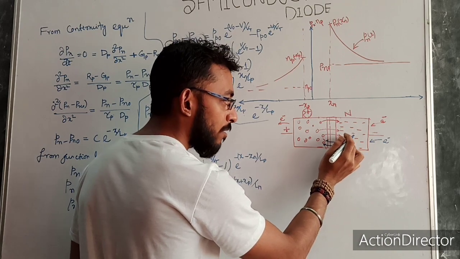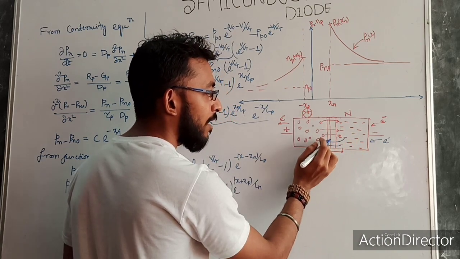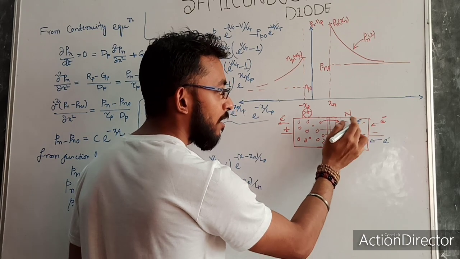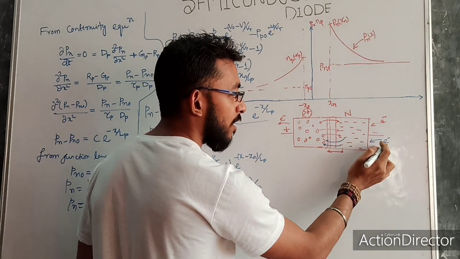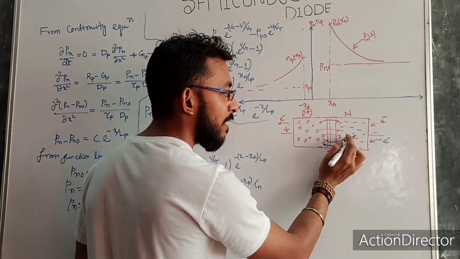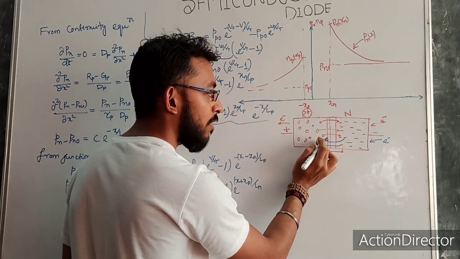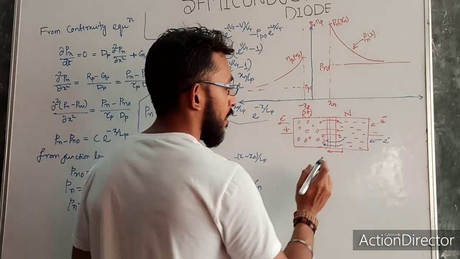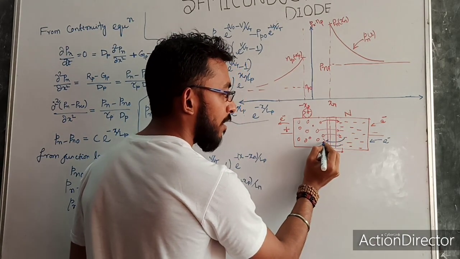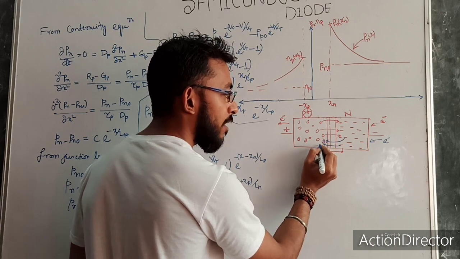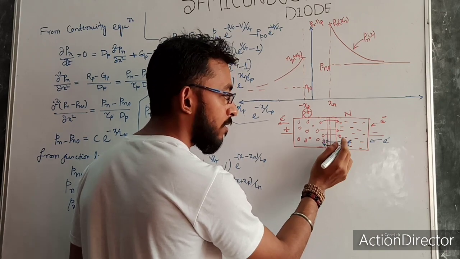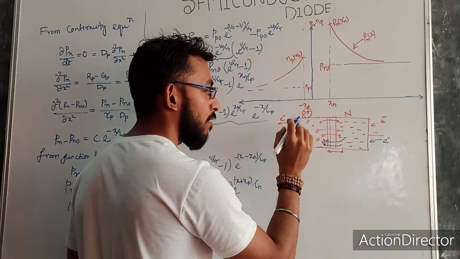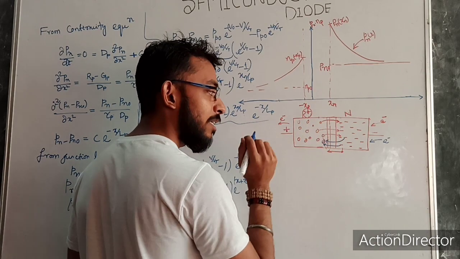The number of electrons that go to the P side through diffusion and recombine is the same as the number of electrons we inject to maintain neutrality. Now as these electrons come to this side, the holes disappear by recombination. It means that at the P side, the concentration of holes is decreasing.